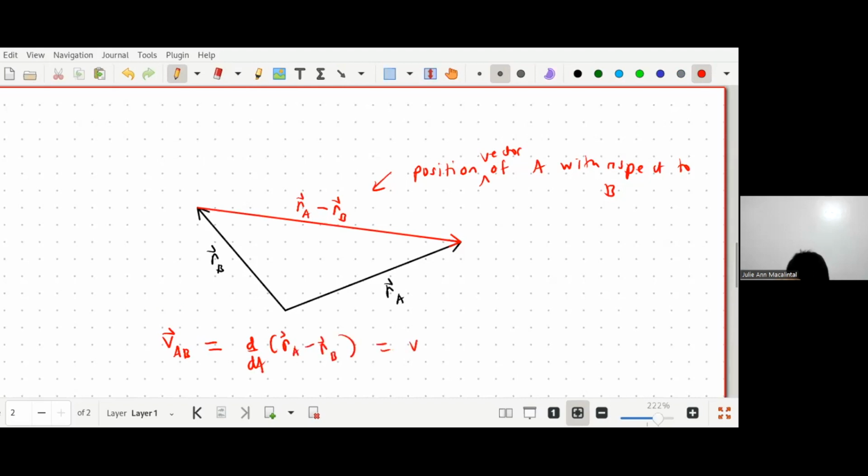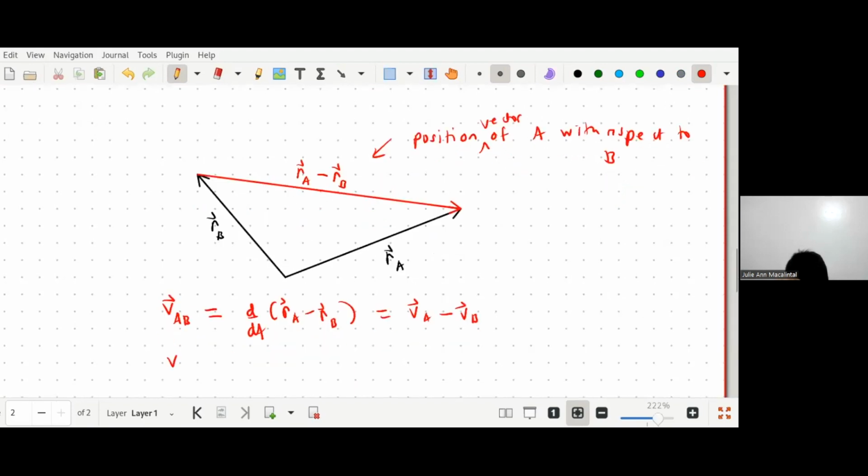And that's why we get V sub A minus V sub B. Kung halimbawa yung opposite yung hinahanap, velocity of B with respect to A? Babaliktad yung sign. So it's going to be R sub B minus R sub A. So ito yung position vector of B with respect to A. And then pag differentiate, babaliktad yung sign.